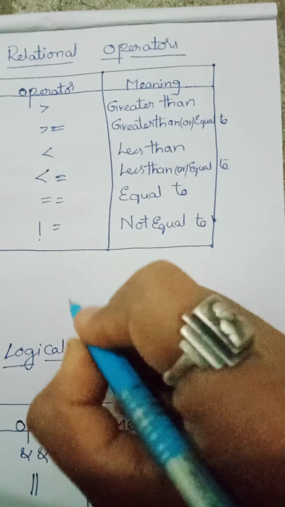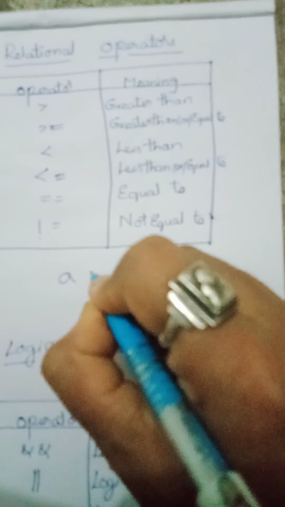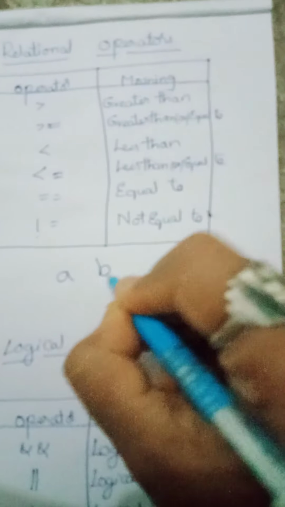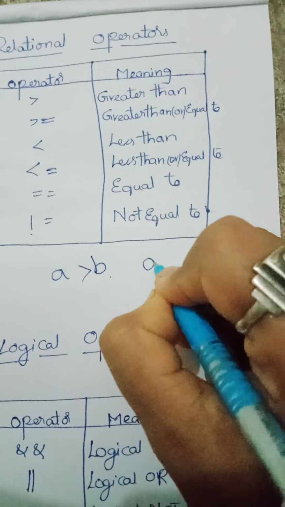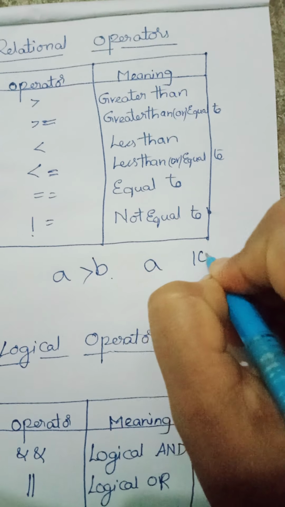Example, see here, two variables, or a variable and a constant.